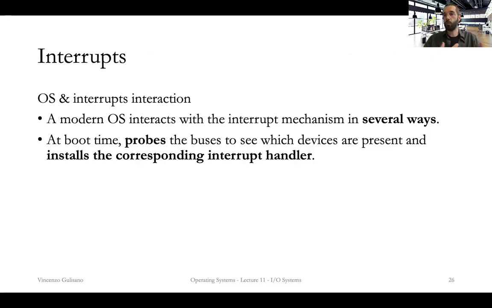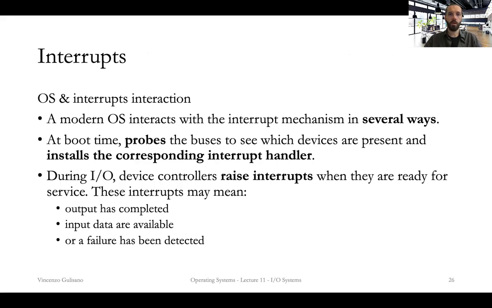What happens is that when you have to populate this table of addresses that are associated to the different numbers you can get for interrupts, that can be done when you basically boot your machine, because the hardware can probe the buses you have and check which are the controllers, and then share this information with the operating system that can install the corresponding interrupt handlers. Okay.